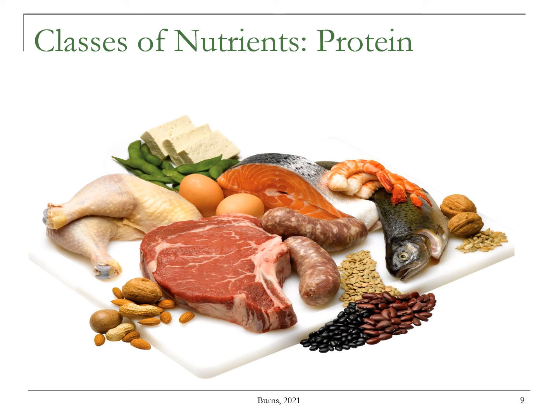The third macronutrient, protein, is comprised of 22 different amino acids. Food sources of protein are depicted in the photo. Protein sources from animals are complete proteins, meaning that they contain all of the essential amino acids.